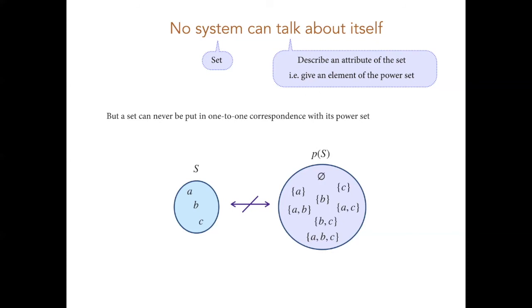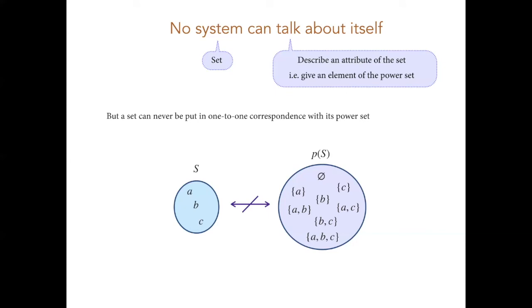In other words, there is no surjective map between a set and its power set. And for finite sets, this is obvious because the power set, its cardinality is 2 to the cardinality of the set itself, so that's obviously different than the cardinality of the set. But for infinite sets, it may have worked, but it doesn't work, as Cantor showed.